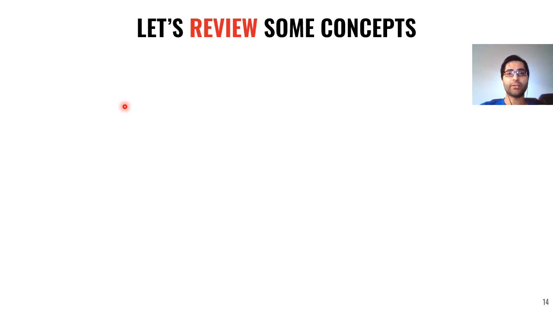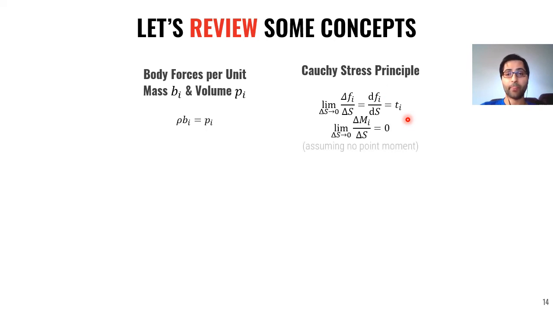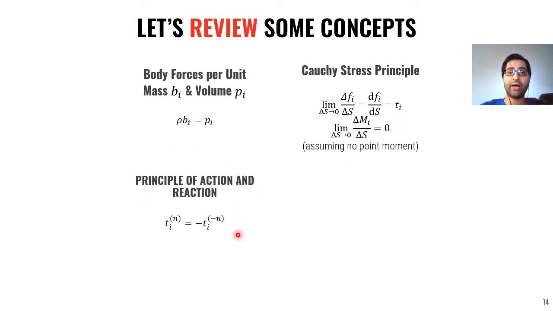Let's review some concepts. First, we talked about body forces per unit mass and volume, and their relation through the material density. Then we talked about Cauchy's stress principle and how we can use that to find a traction or stress vector. Then we talked about the principle of action and reaction and how traction on both sides of a single plane are related together by a negative sign.